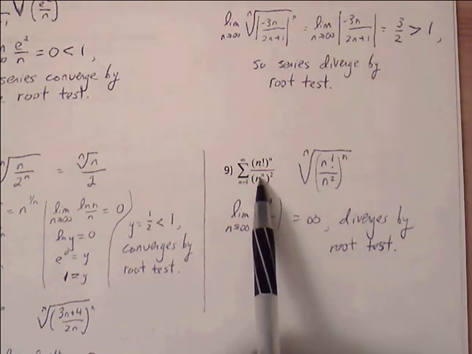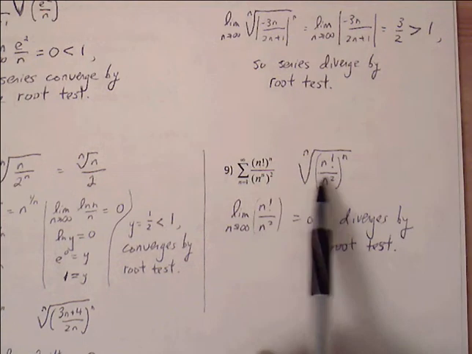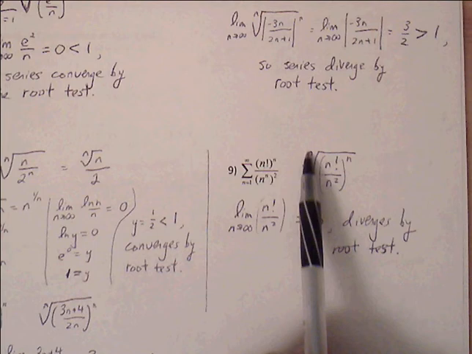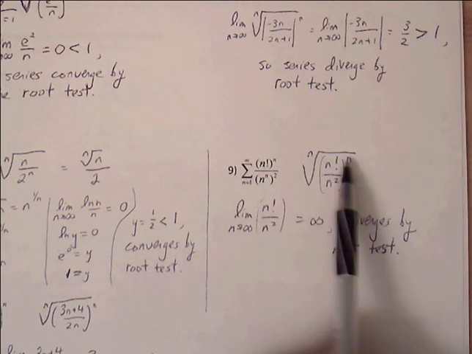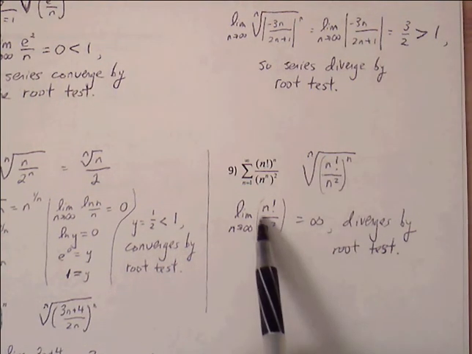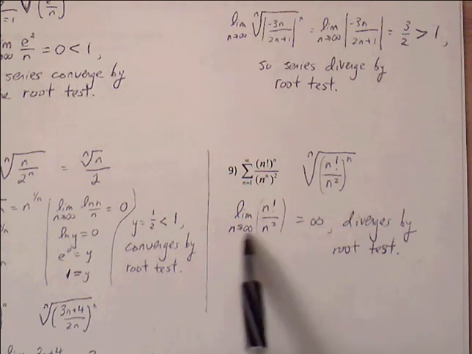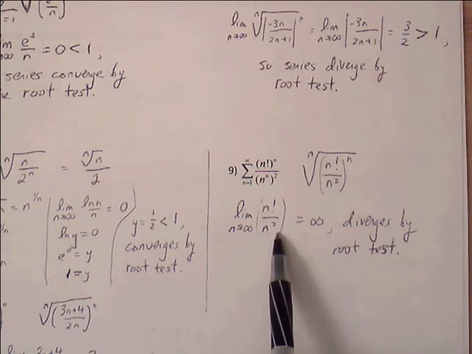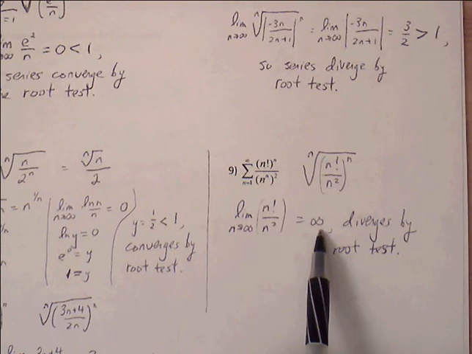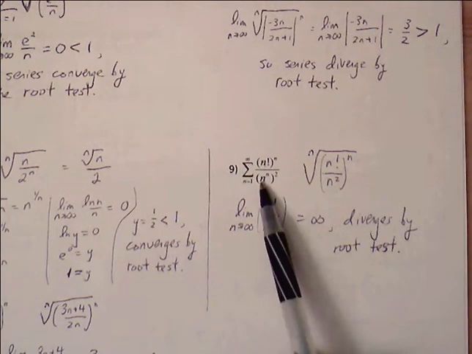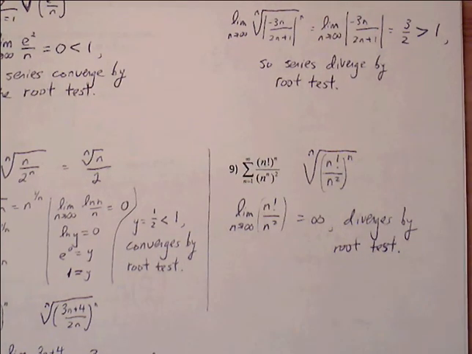And I'm going to switch the n and 2 around, and so I'm going to make it n squared and have everything raised to the nth power, and then take the nth root of that, which will cancel out. We can just focus on what's inside. So n factorial does grow at a faster rate than n squared, so the limit as n approaches infinity of this expression will diverge to infinity. So therefore, our series will diverge by the root test.